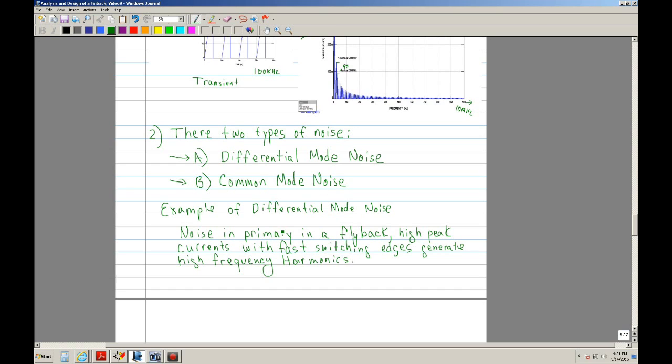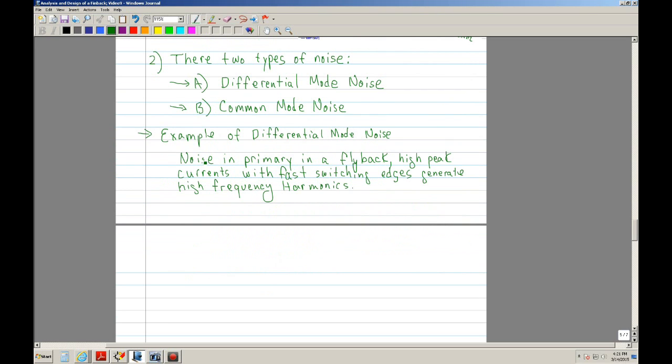I'm going to discuss differential mode first in this video, and I'm going to give an example, which is what I've already been using: noise in the primary of the flyback, with high peak currents and fast switching edges, generates high frequency harmonics.